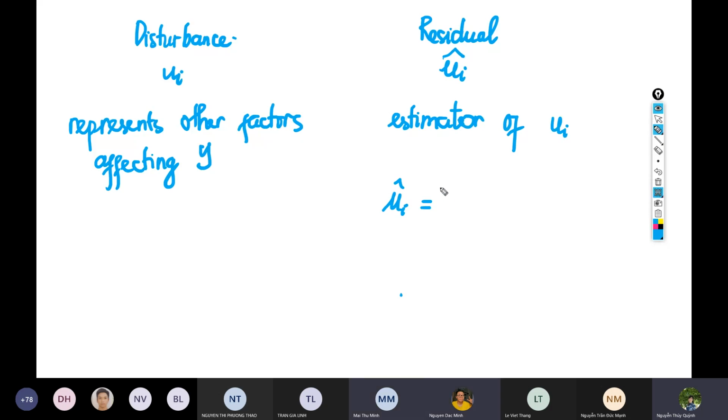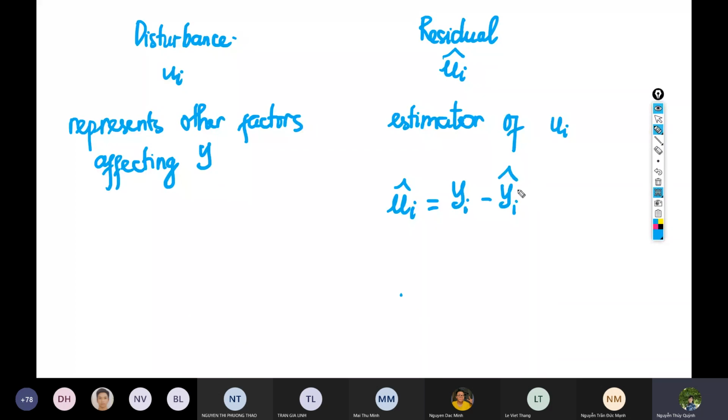Okay. So now, all right, you are right. The residual u i hat is the difference between the observed value of y and the fitted value of y, given from the sample regression model.